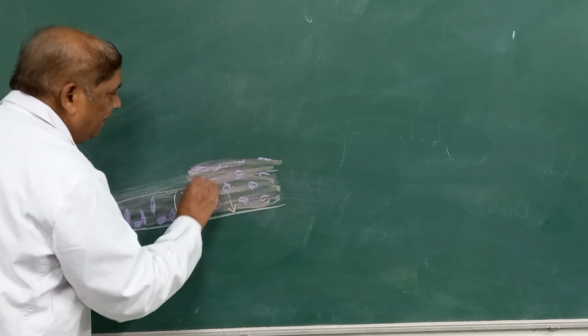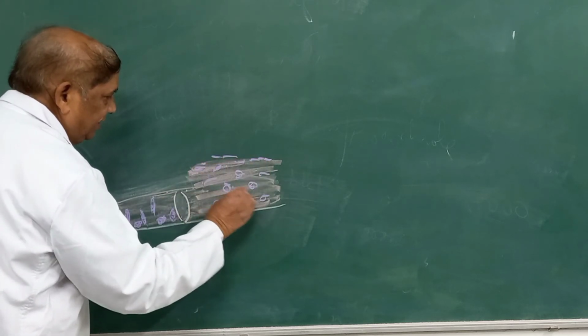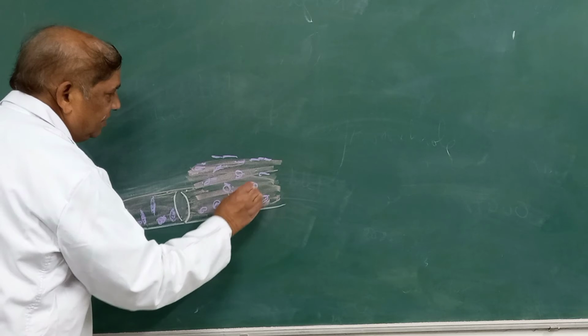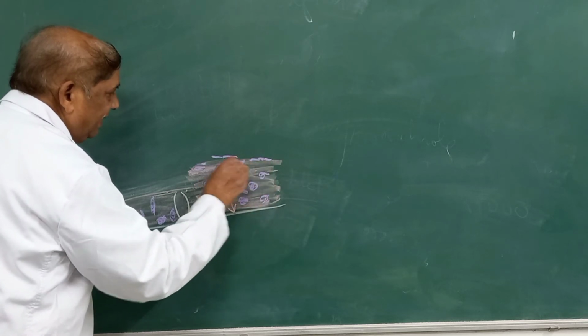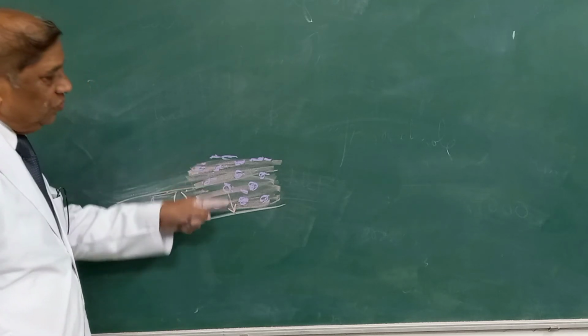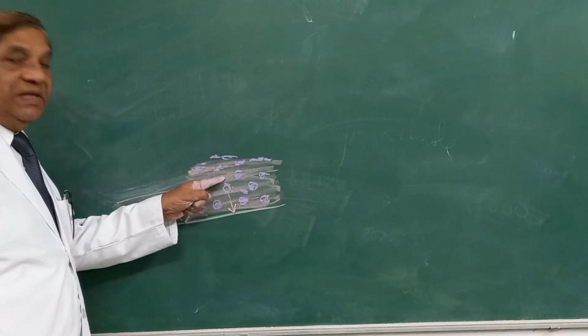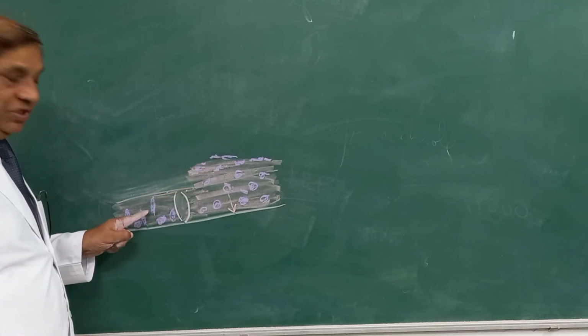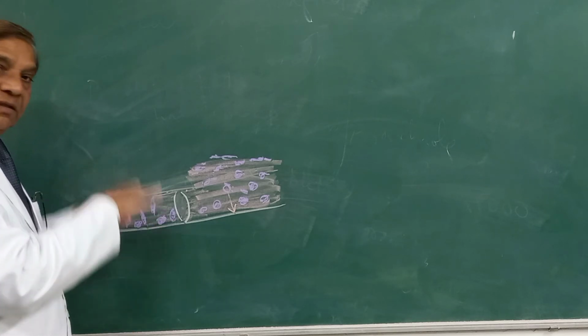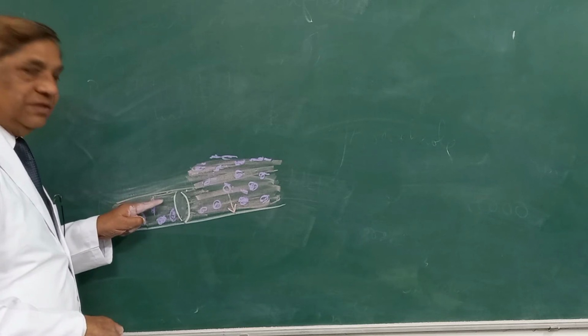As you go up, their shape may change. Near the bottom it may be circular, rounded, but as you go up, if it is true stratified epithelium, there will be multiple layers of cells and nuclei, but here one or two, at the most three, depending on their level of arrangement.